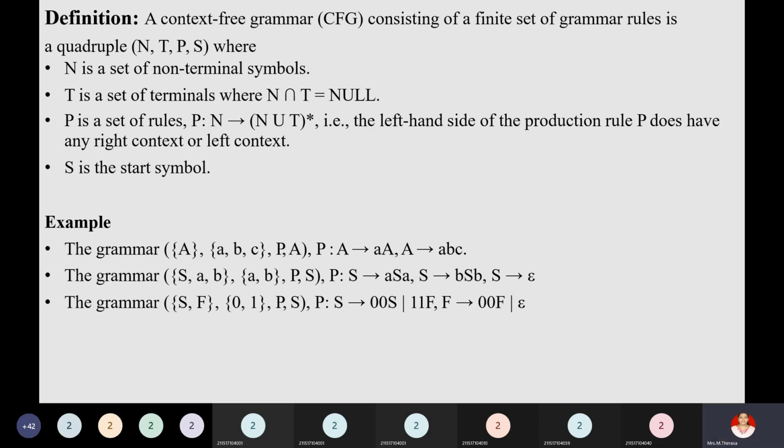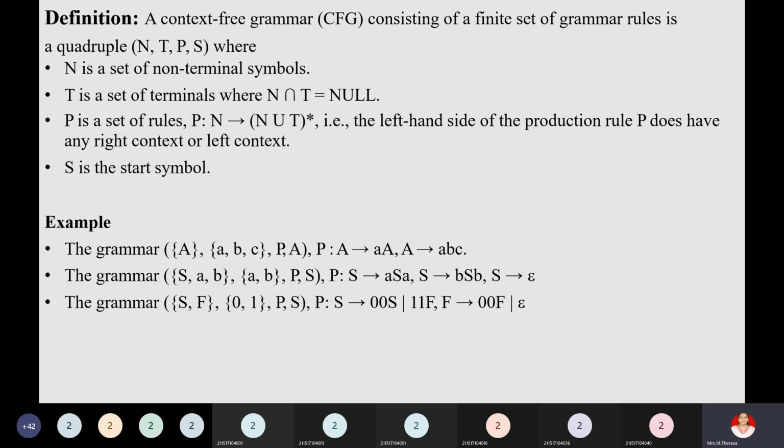Here you have only one variable, which is A, and that is going to be the start symbol. And here the production rules are described: A tends to a A, or A tends to a b c. This is one example for CFG.